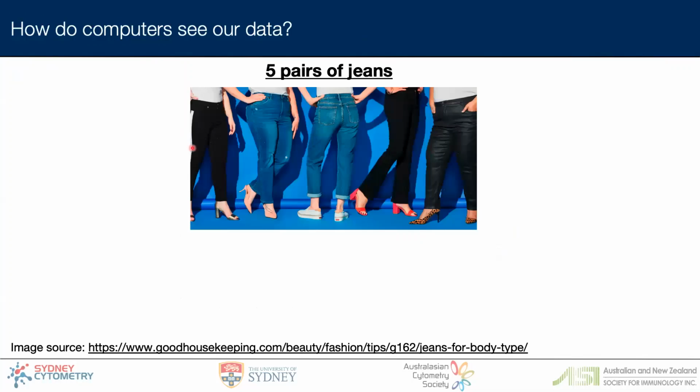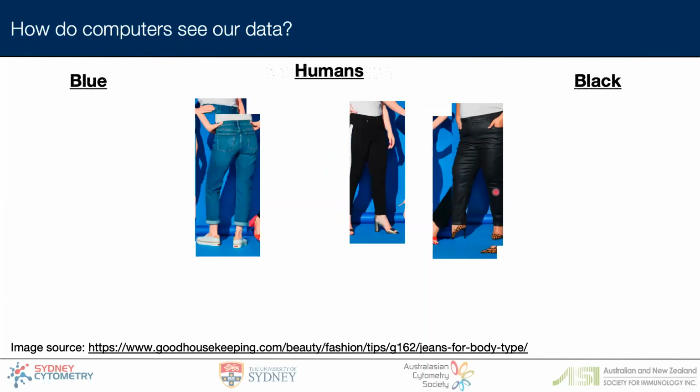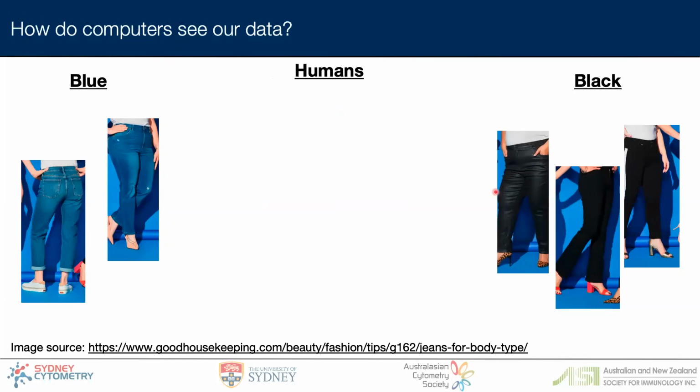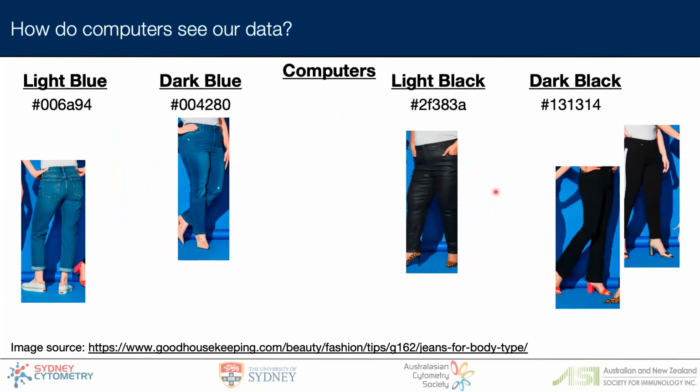Hopefully this analogy will help clarify what I mean. If we're looking at 5 different pairs of genes and we want to differentiate between them based on their colors, for humans, it's really easy to just divide them into 2 groups, blue and black genes. If we ask the computer to do it, it can be a lot more specific, so it may split them into light and dark colors.